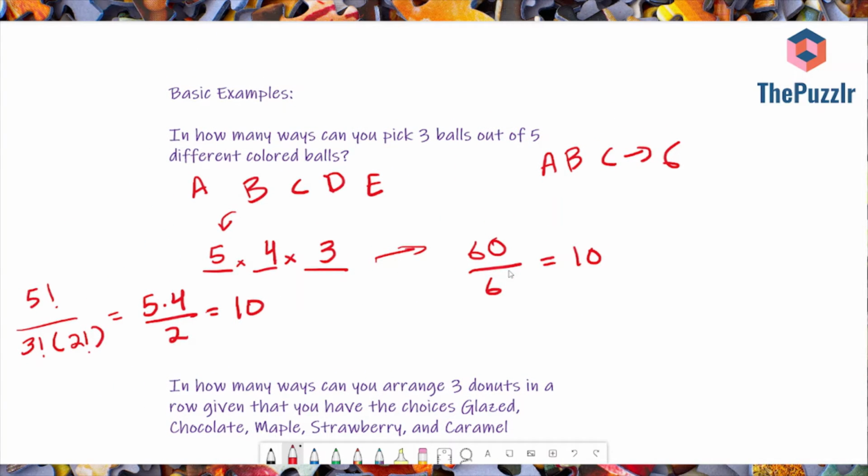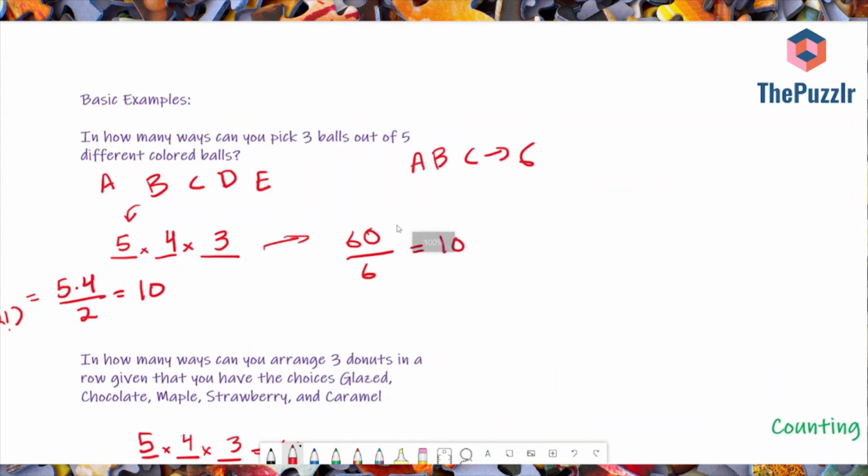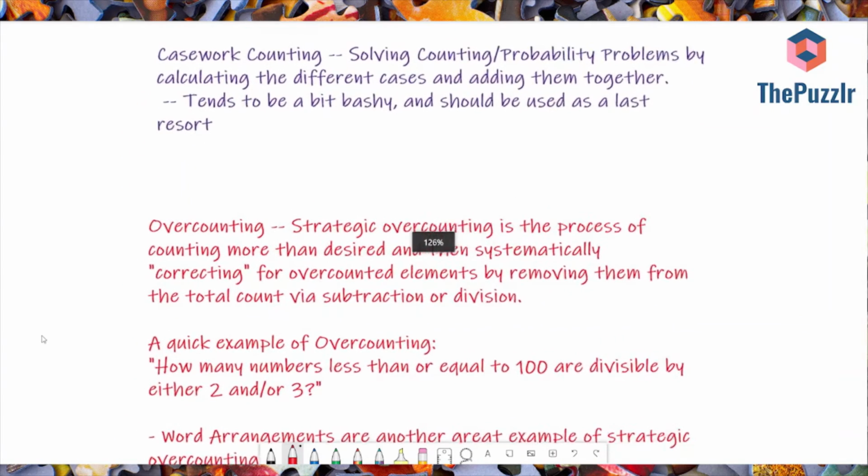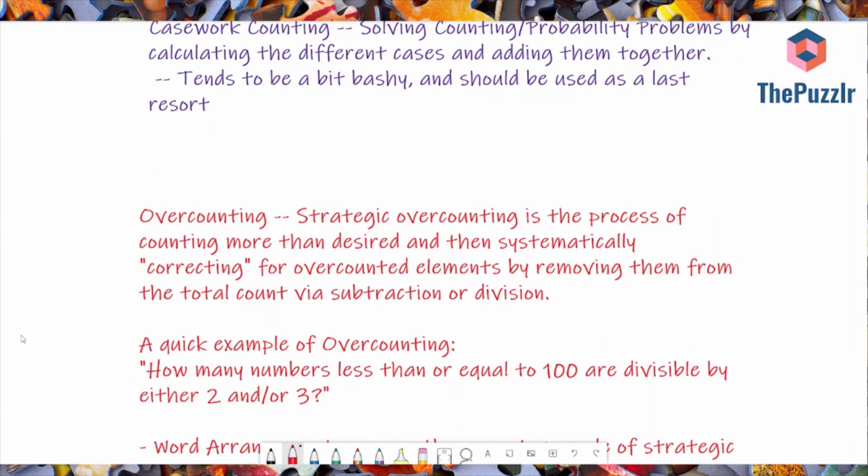We overcounted, but then we know that we overcounted each arrangement 6 times. So we divide by 6 so that it only accounts for it once. 60 divided by 6 equals 10. So we can remove this sometimes via subtraction, but usually through division.